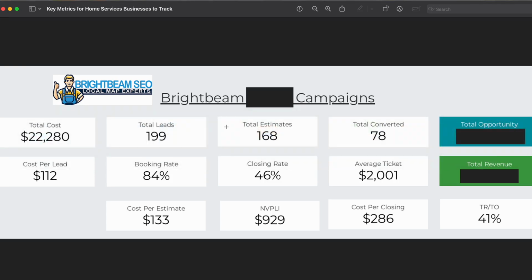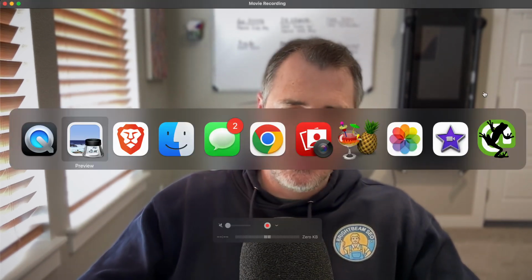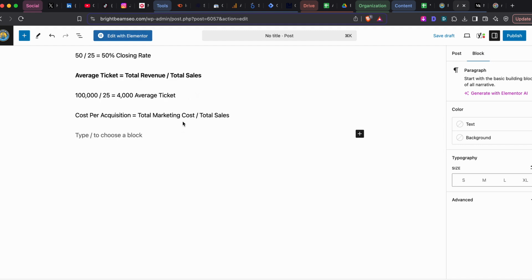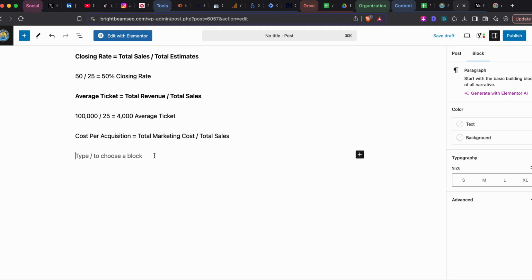Now, lastly, we're going to go to our cost per acquisition or cost per closing. Cost per acquisition equals the total marketing cost divided by the total sales. Our cost per acquisition tells us how much we're paying to acquire a paying customer.